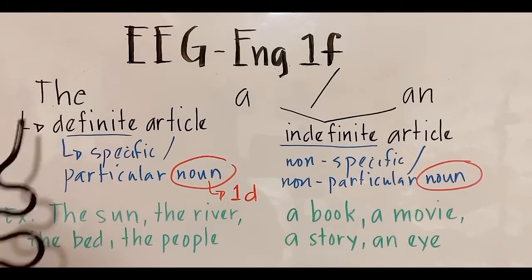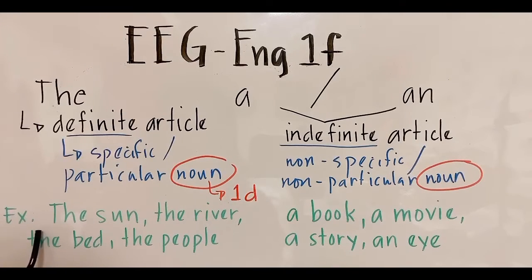An example for the: the sun. This can be in the beginning of a sentence. That's why the here is capitalized. Next, the river. This can be in the middle of the sentence. The is the determiner or the modifier. It modifies river, which is a noun.